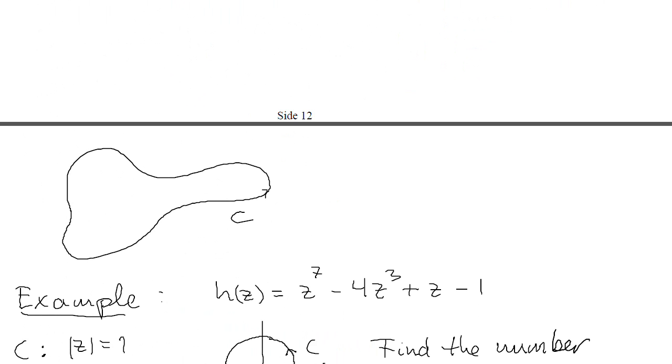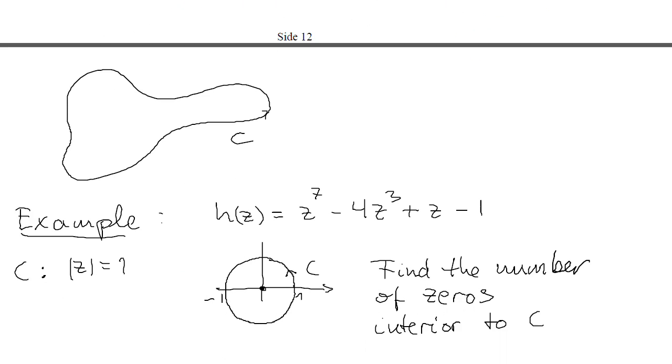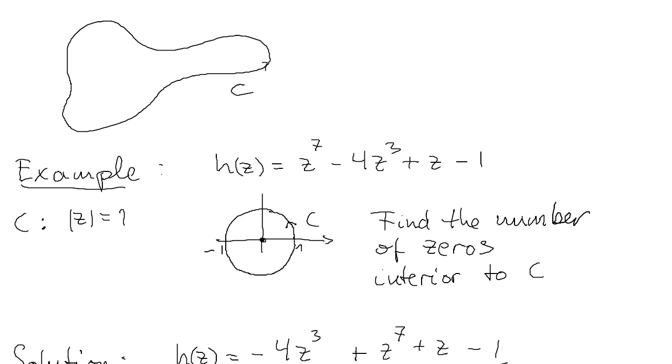In order to understand this theorem and the application of it, we consider the following example. Here is some contour C generally, and let's for simplicity consider the circle with center 0 and with radius equal to 1. And let h of z be the following analytic function. You see that this must be analytic because it's a polynomial, and a polynomial can always be differentiated.